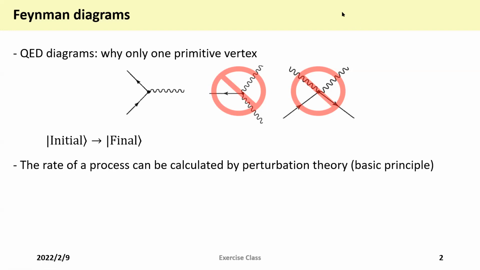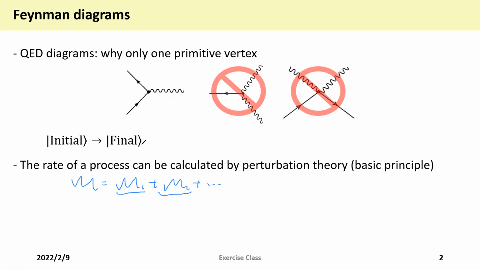That means the result can be written as a series like this, and each term can be obtained by considering the perturbed Hamiltonian. The mathematics is very complicated, but it's the basic principle of how we calculate the transition rate of a process.